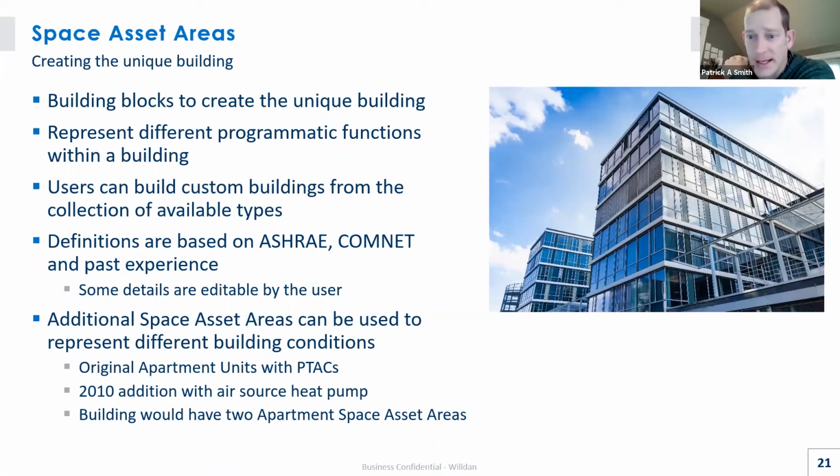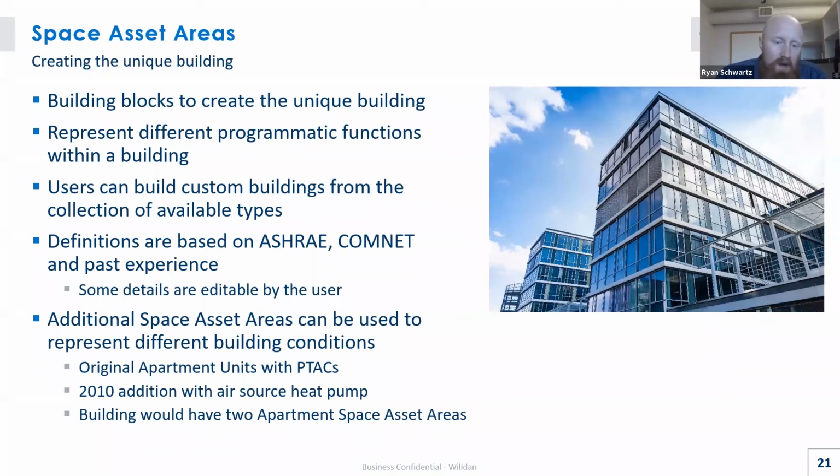Great, thanks. And that question goes along the lines of the last bullet point here, that you can have additional space asset areas. This one here is really just outlining a multifamily building. If you had different mechanical systems in maybe one wing of the building versus another, you could have additional apartment space asset areas so that you could apply PTAC in one and maybe air source heat pumps in another.